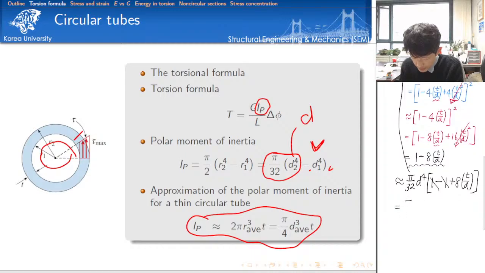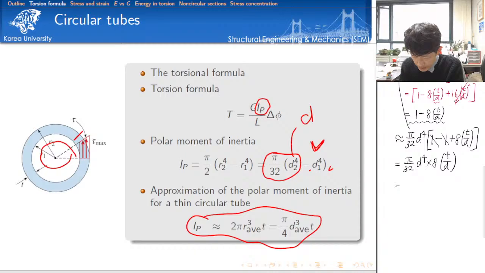So finally, pi over 32 d to the fourth times 8t divided by d, thickness divided by d. Then it becomes pi over 4 times the reference diameter to the power of 3 times the thickness. This is the polar moment of inertia for a thin hollow section.